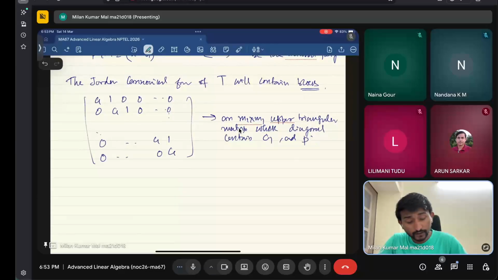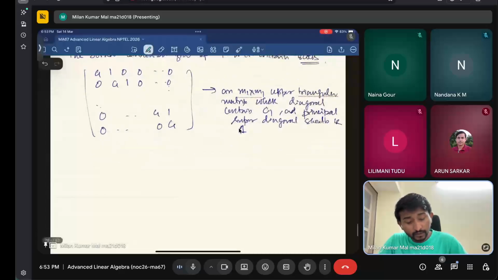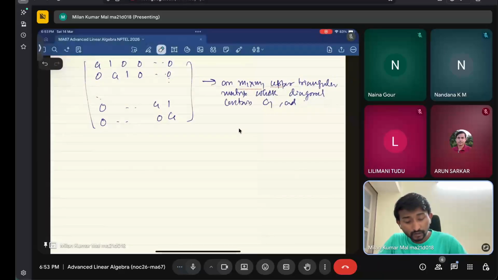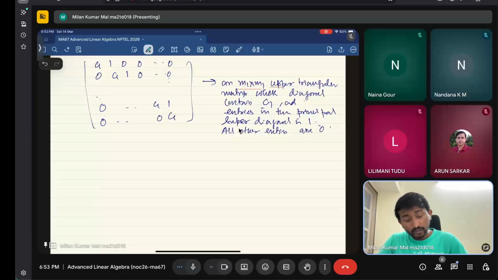I hope I'm saying it correctly. The entries in the principal super diagonal should be 1, and all other entries are 0. So this is a block.